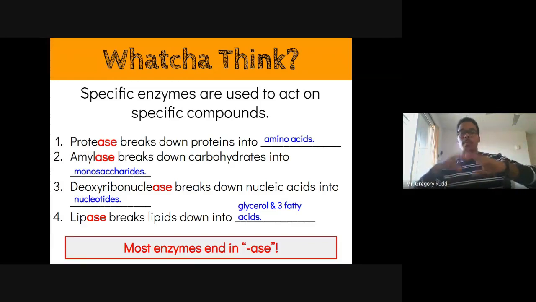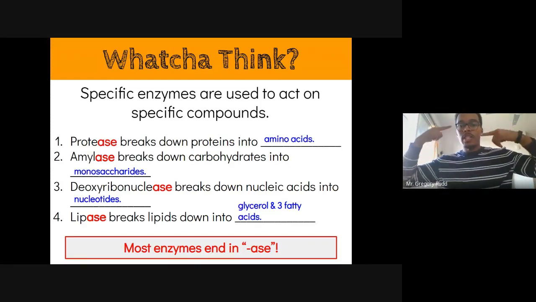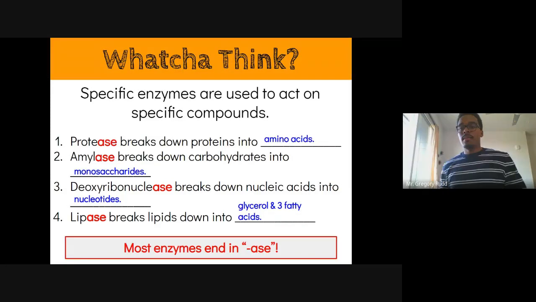So once you pick up on that clue, you should have all this information start to flood your brain. And when you're taking a test, it's good to get that information on paper. That's what we call a brain dump. Instead of just keeping it all up here, dump it out onto the paper. All right. So we want to have these clues. When I see ASE, I'm thinking about an enzyme. When I see OSE, I'm thinking about a sugar.